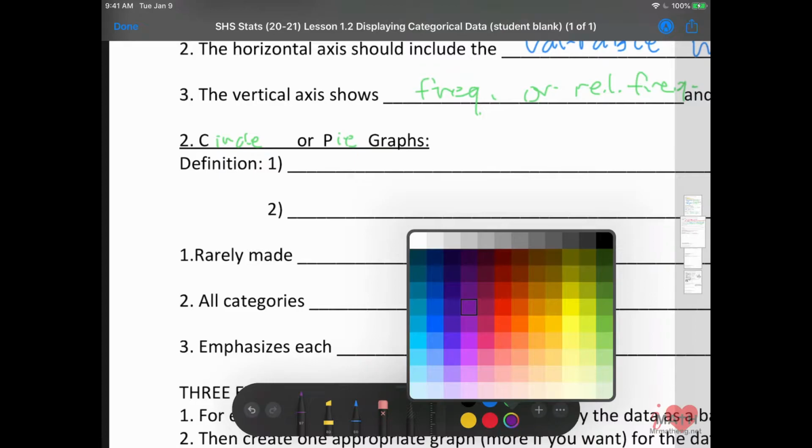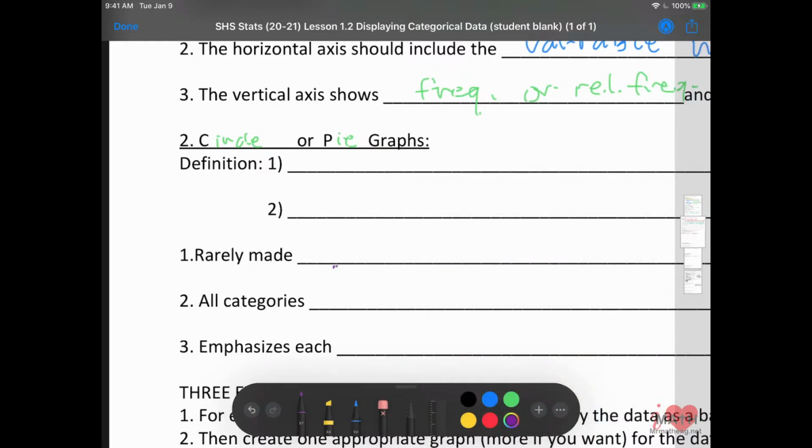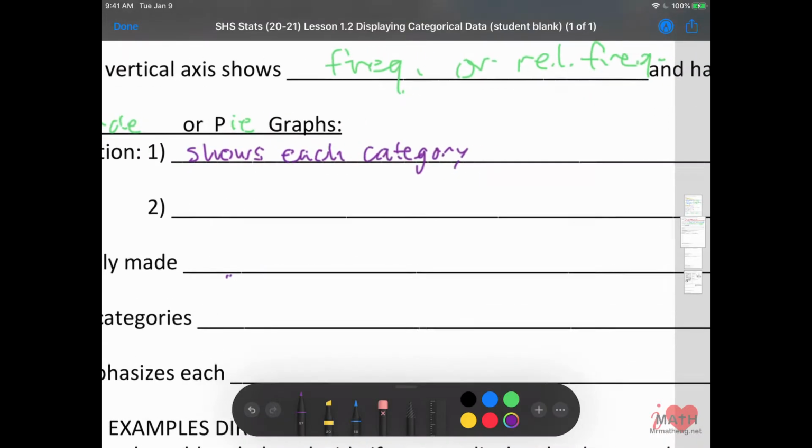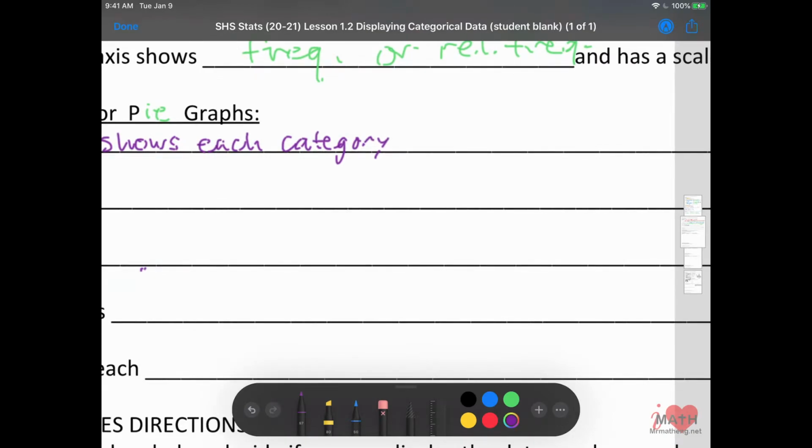Definition shows each category as a slice of pie. Or think of a pizza.